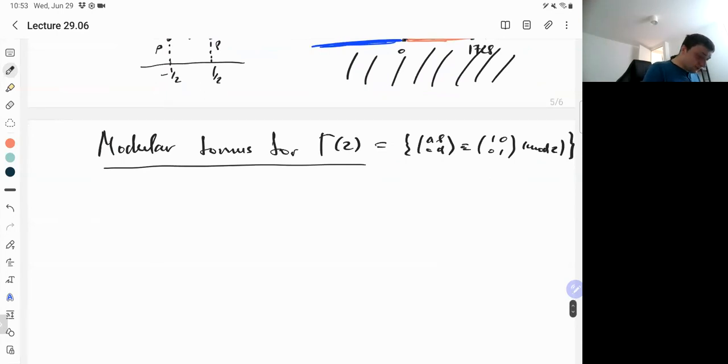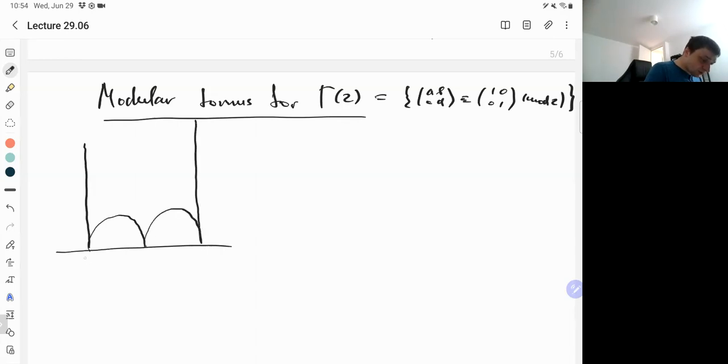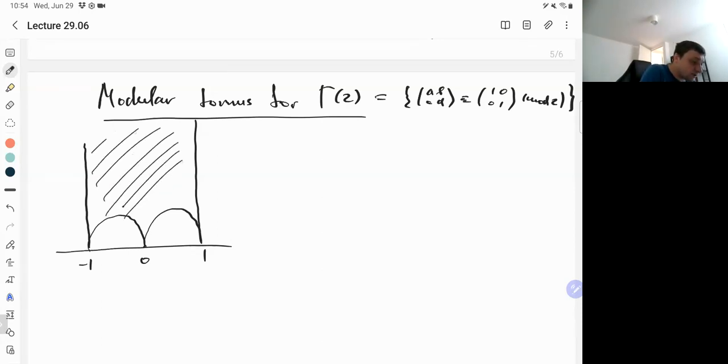First of all, there's also a nice fundamental domain for this group. It looks as follows, similar to what we had before. It's a strip with some disks removed, and this is a fundamental domain, F2.